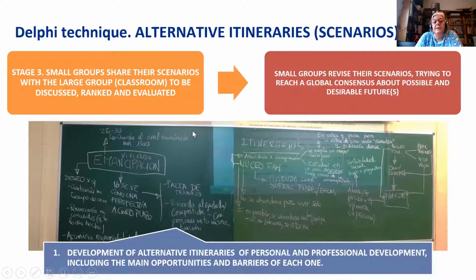They don't think it will occur before 26 or 30 years old, which is when they predicted that they can earn 1,500 euros, which allows them to emancipate from the family. So the same process was implemented with all other itineraries affecting their labor career.